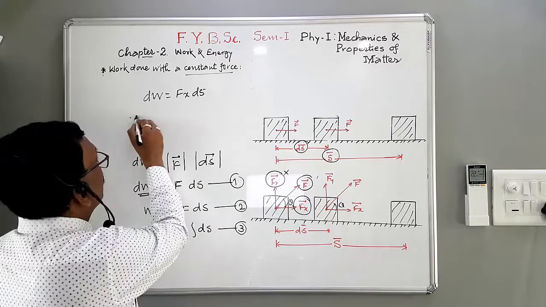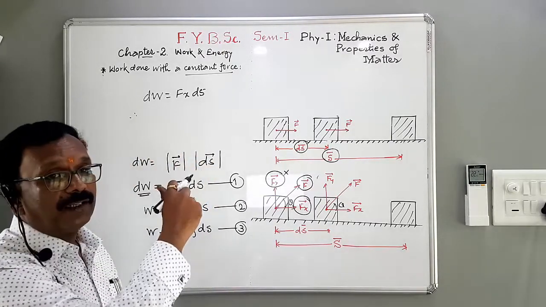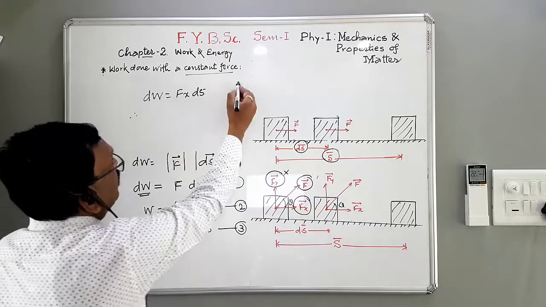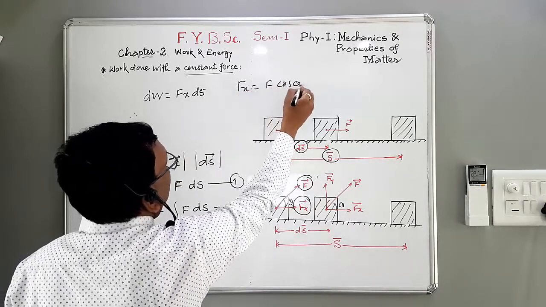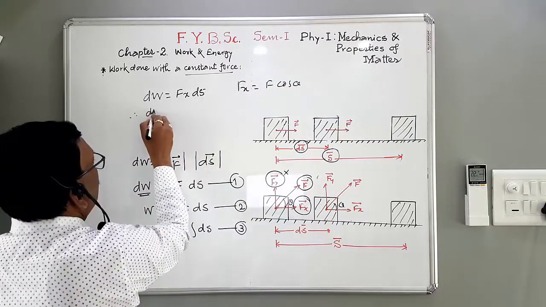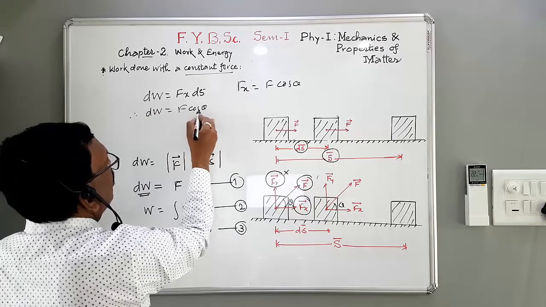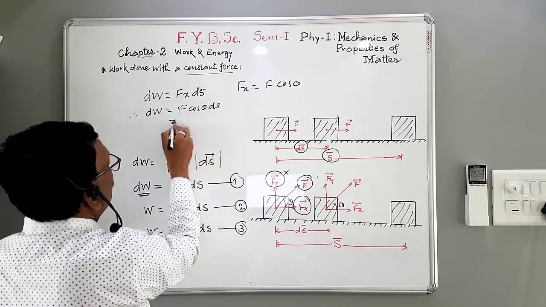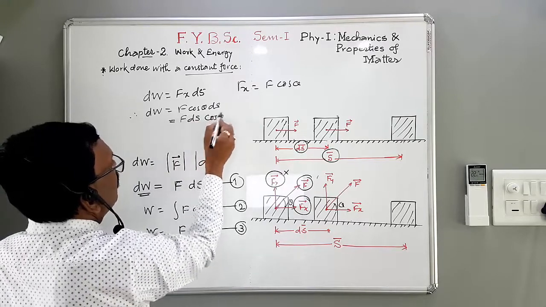But here we can say that dw, as we know that Fx is equal to F cos theta. This is the effective component. Therefore we can write dw is equal to F cos theta ds or F ds cos theta.